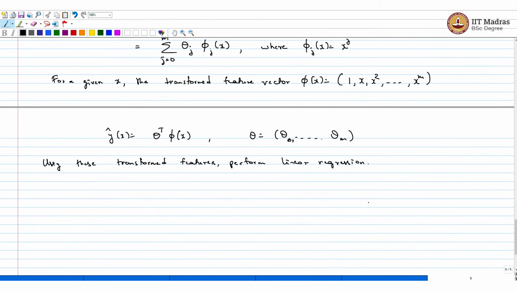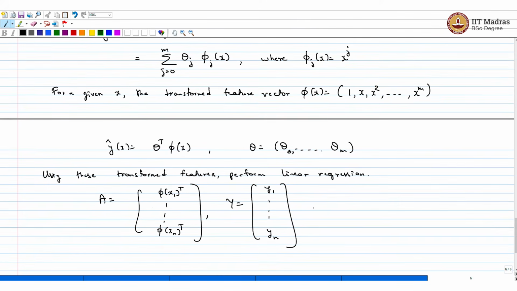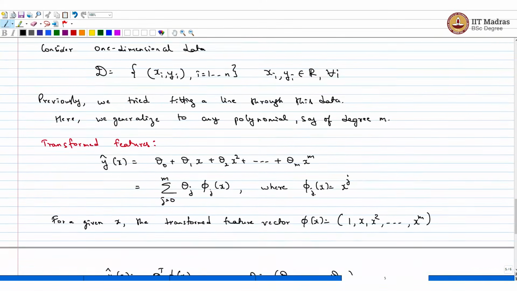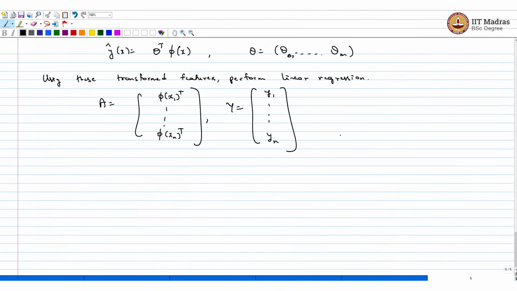Effectively, if you want to repeat, I make the matrix, but instead of x1 transpose, I'll have phi of x1 transpose and so on until phi of xn transpose, and then y is the same y, and then you solve the same system that I had written before. You solve exactly the same system, which is A transpose A theta equals A transpose y.